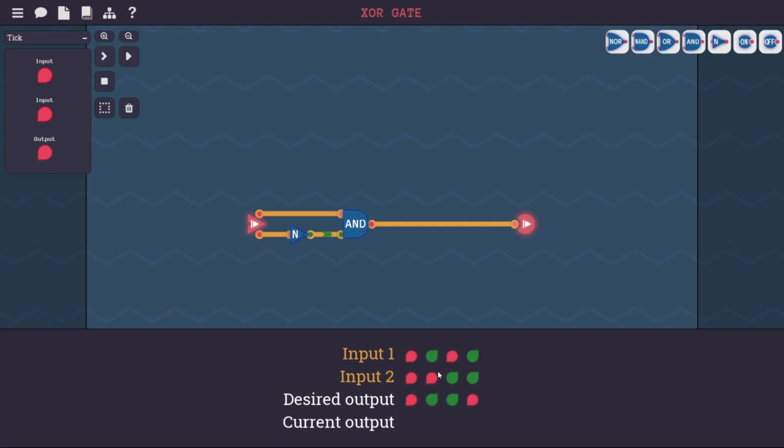But now we also need to get a green on the third tick as well. So the third tick has our first input as off, and the output as on, but it's off. So that's where we should figure out how it's going to be.